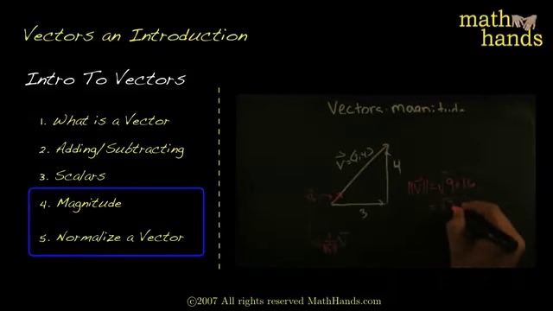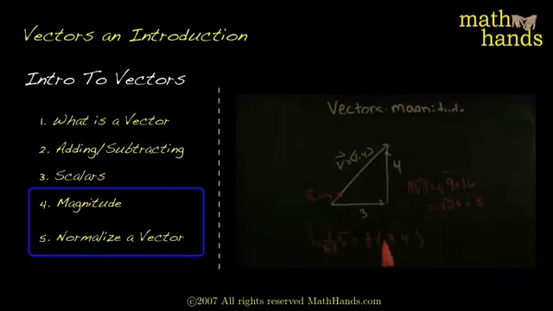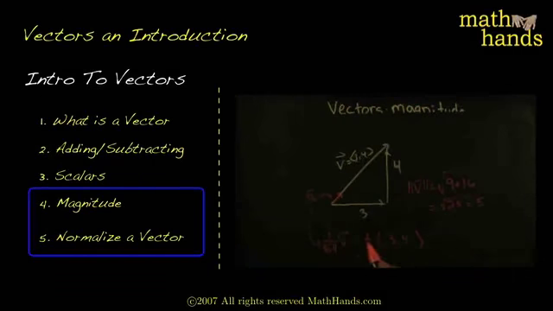So it's the square root of 25, which is equal to 5. Then we just follow this procedure. It's 1/5 times 3, 4. And the way we scale it would be 1/5 times 3, that would give you 3/5, and 1/5 times 4, that would give you 4/5.